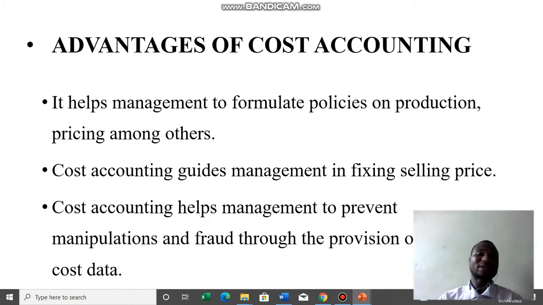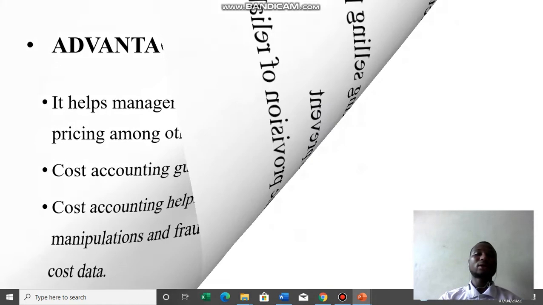Sometimes they bring in information, or in budgeting they sometimes repeat some items that are actually not even necessary, inflating the cost. So what cost accounting will do is give us the proper data, so we will ensure that these manipulations do not exist. So that is another advantage associated with cost accounting.